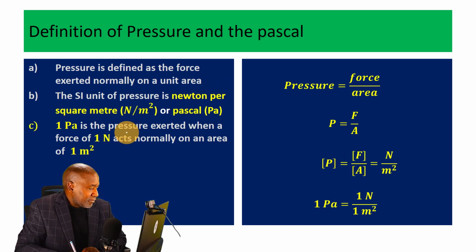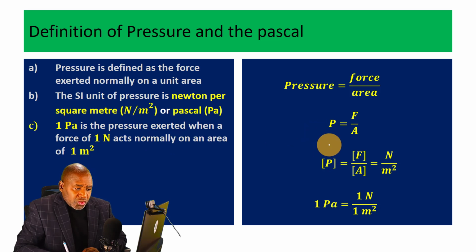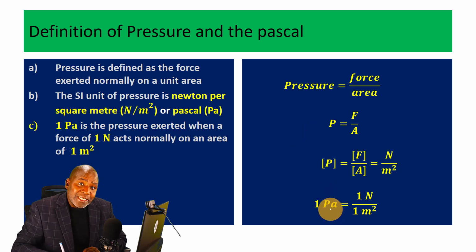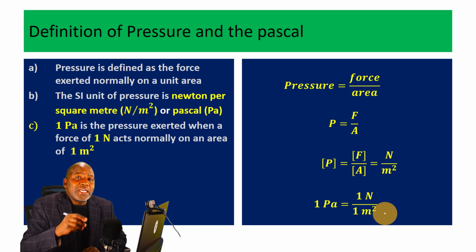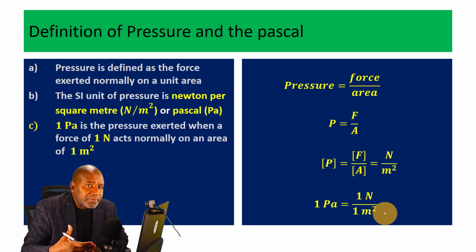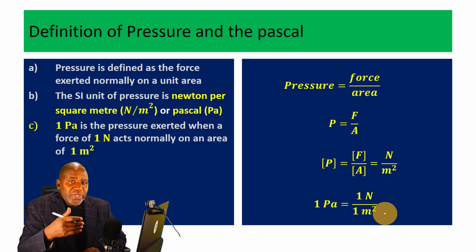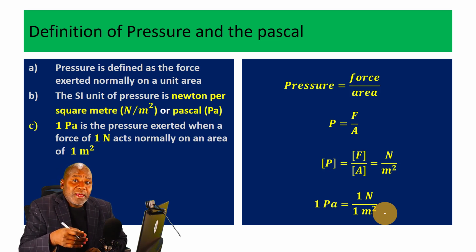And that's exactly what we have here. When it comes to defining the Pascal as an equation, we say 1 Pascal is equal to 1 Newton per 1 square meter. In an exam, if you're asked to define a physical quantity, ensure that you define it in terms of other physical quantities, or you describe how that physical quantity is obtained from the other physical quantities.